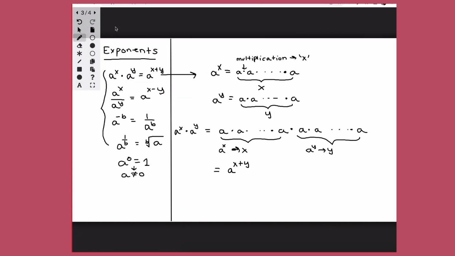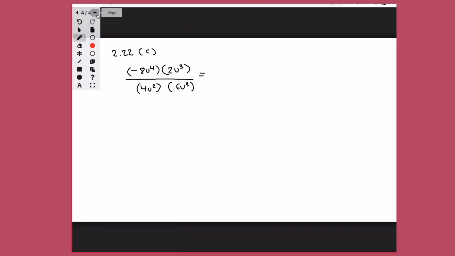So for reference, these were our exponent rules. In this problem, it looks like we'll be using this one here and this one here, since we have some multiplication going on here and also some division going on over here. So is everyone familiar with the distributive property?